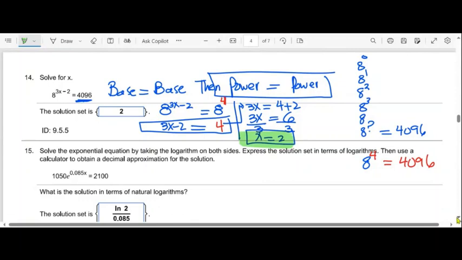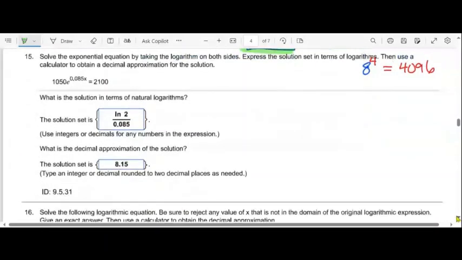Okay, let's go to the next one. Yalla, read number 15. Number 15. Solve the exponential equation by taking the logarithm on both sides. Express the solution set in terms of logarithms.